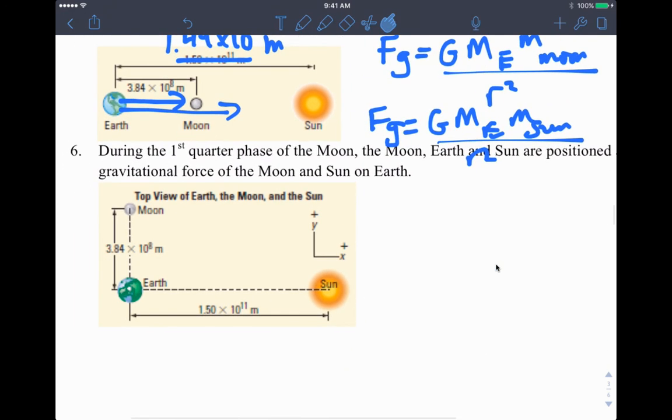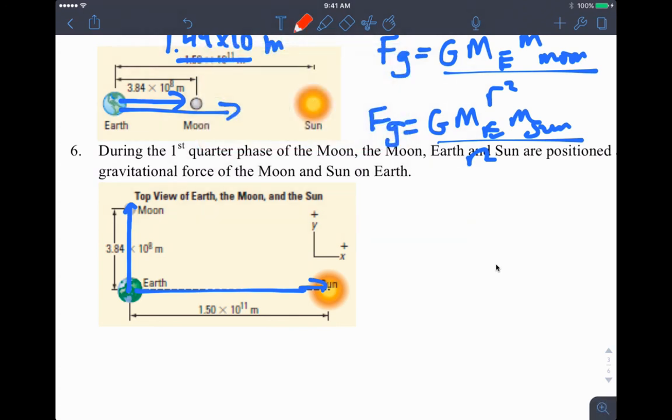Once you get down to this one, though, I start throwing some angles at you because the distances haven't changed. The Moon is still the same distance away from the Earth, and the Sun is still the same distance away from the Earth. But now you will use the same math that you did in number 5, and you will now have a net force calculation.